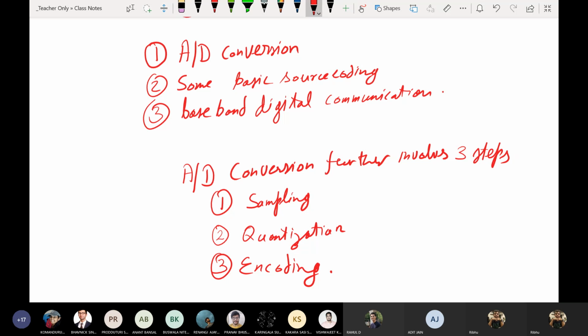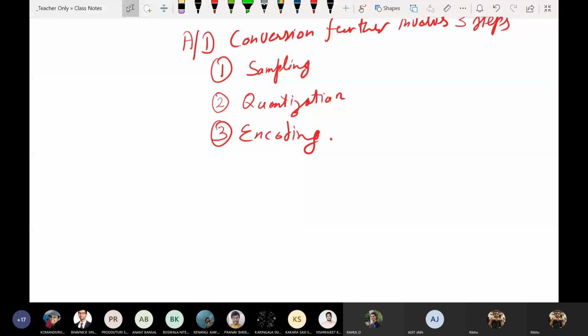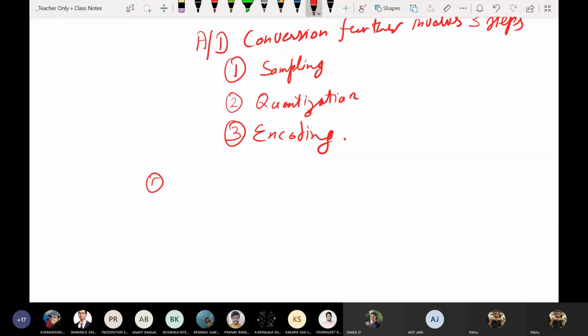So this semester for the rest of this course we'll follow Haykin, not even Proakis, because in Proakis you have certain elements that I would rather not introduce at this stage. Okay, sir. So the first part is sampling. I'd just give a qualitative overview of these.